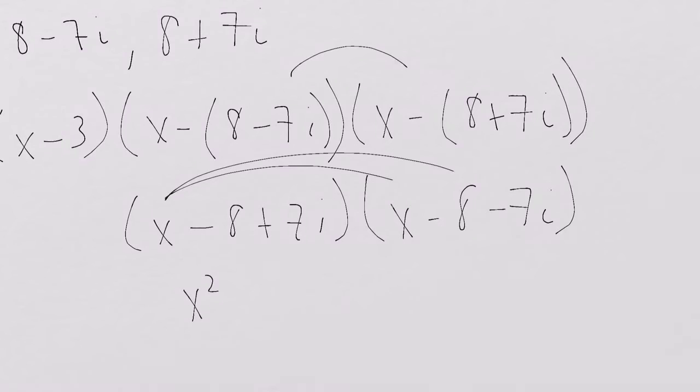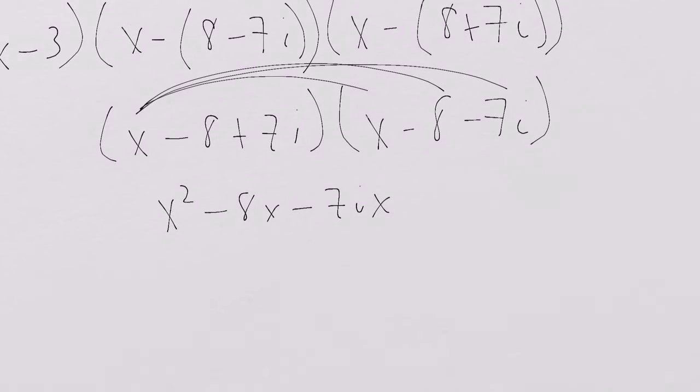I also get the x times the minus 8. And I get the x times the negative 7i, so I get negative 7ix. I also do that one, so I have a negative 8x, a positive 64, and then a positive 56ix.